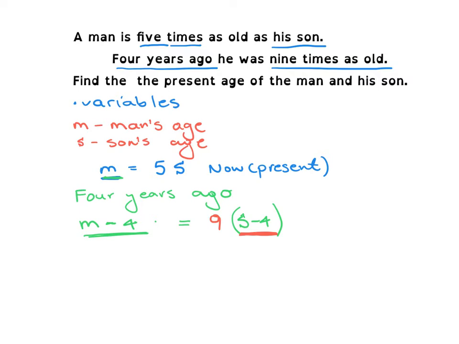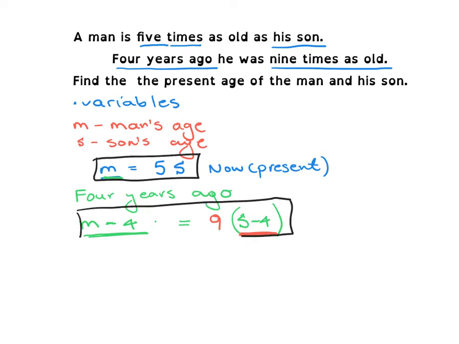Now we have 2 equations. This is the first one: M is equal to 5S, and M take away 4 is equal to 9 times S take away 4. How we're going to solve this now is we're going to use one of the methods.